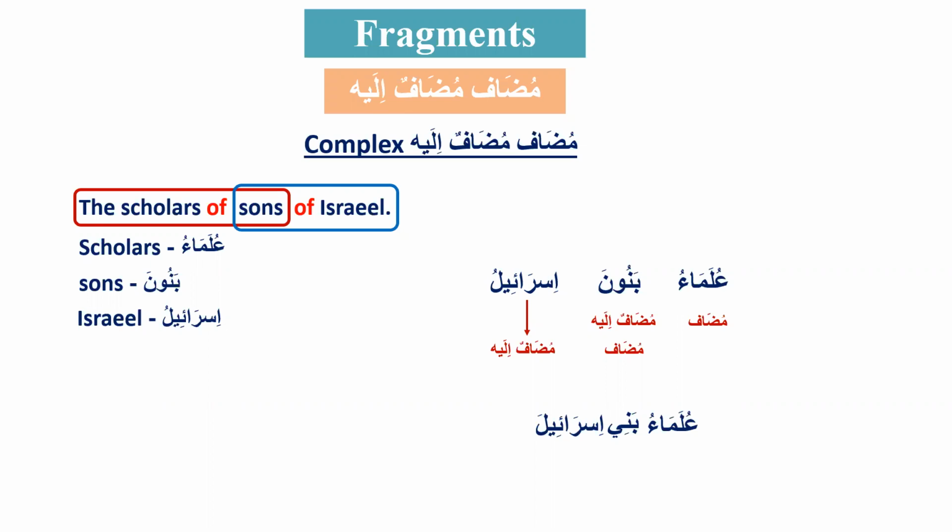Scholars of Bani Israel, the children of Israel, the sons of Israel. But you see, Israela is a proper noun, which makes Bani proper, and when Bani is proper, ulama is proper. So I can add a definite article here without making any change: the scholars of the sons of Israel.